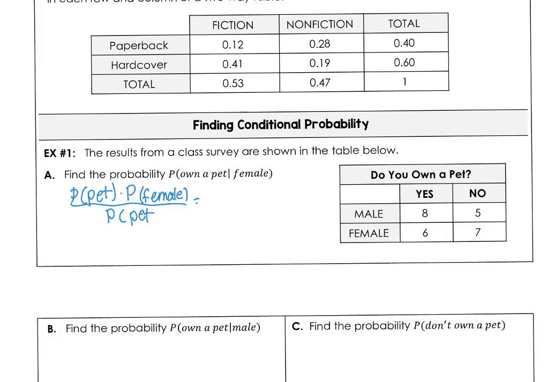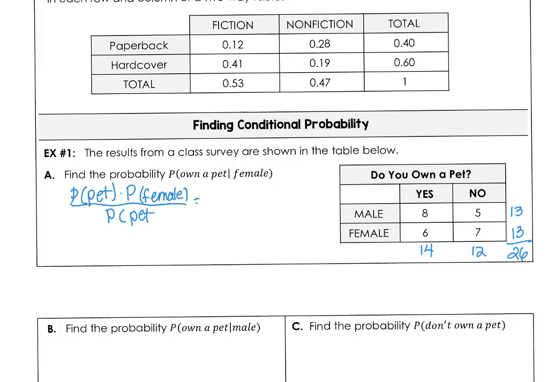So looking at our table, we have 14, yes, I own a pet, and 12, no, I don't own a pet. And having a male pet, there were 13, and female pet, there were 13 on that row. So each row and each column totals 26 in our data collection.